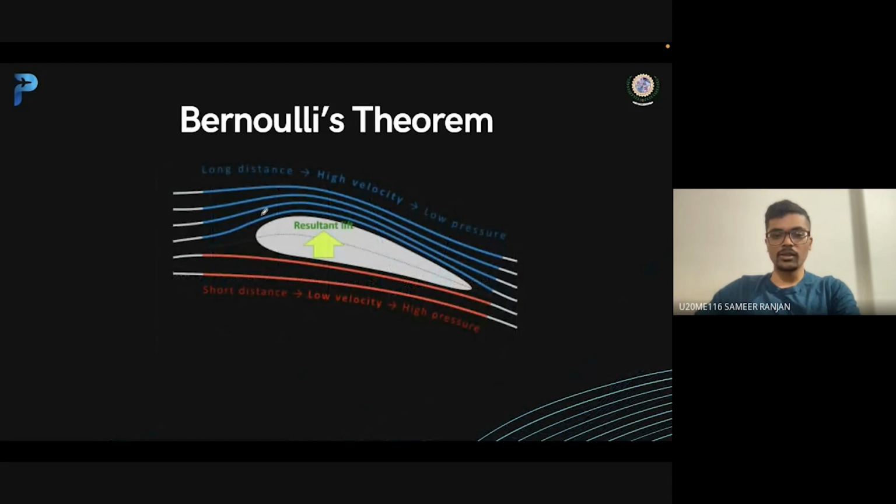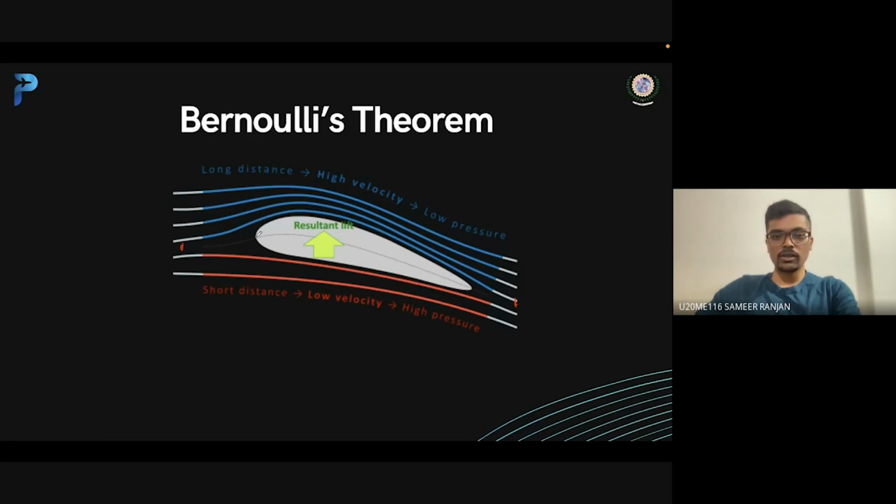Now let's see how it helps us generate lift in an aircraft. As you can see, this is the cross section of the wing, and here it is p atmospheric, and here also it is p atmospheric. To maintain atmospheric pressure at both ends of the wing, the stream has to travel over the upper surface and the lower surface of the wing.